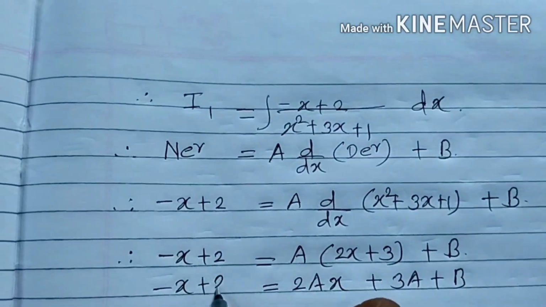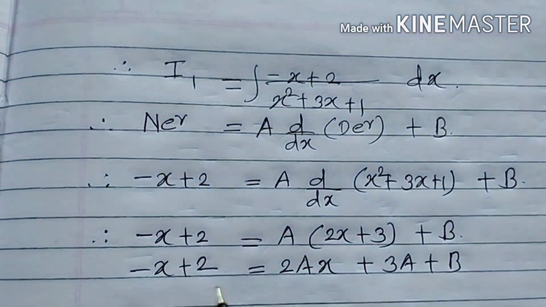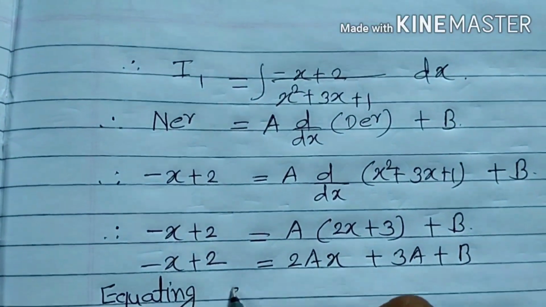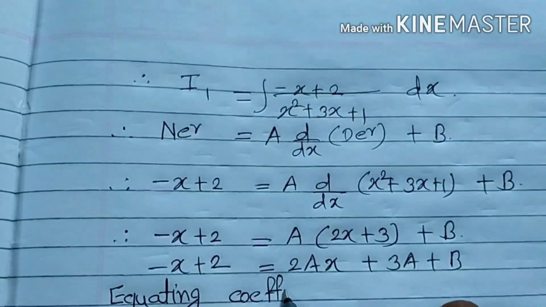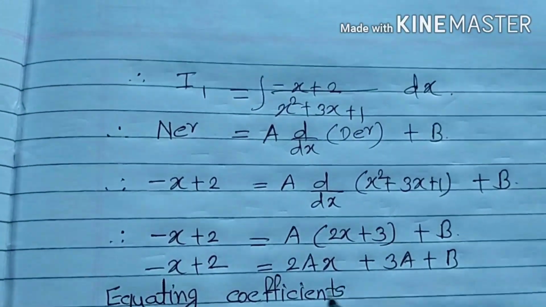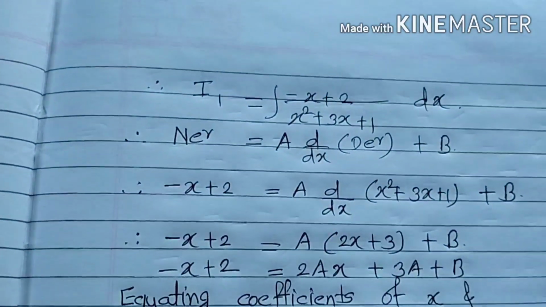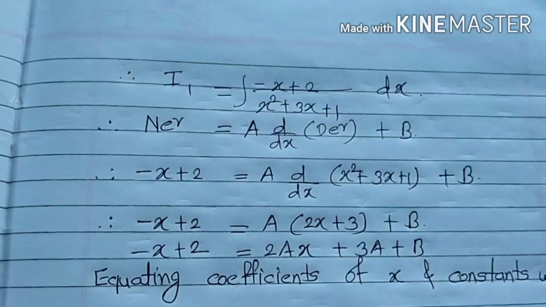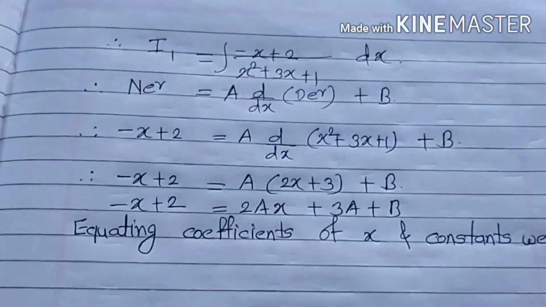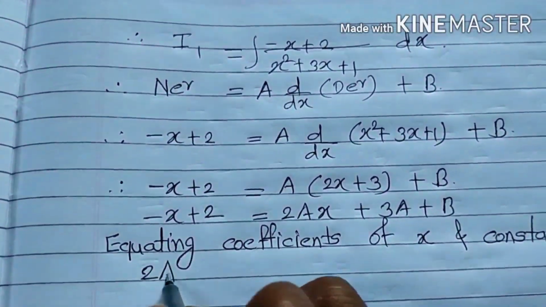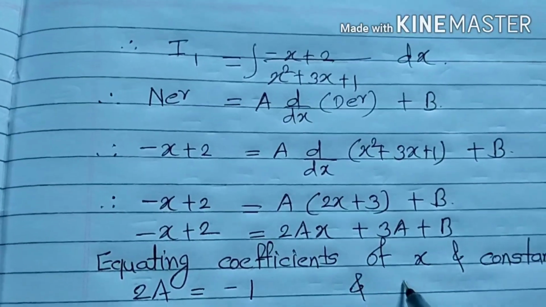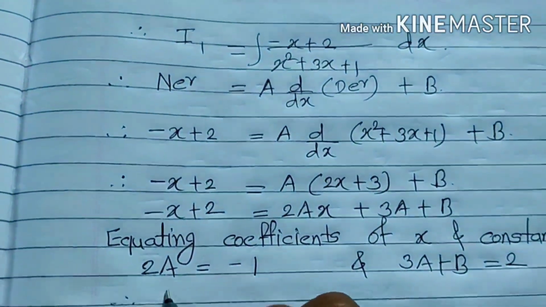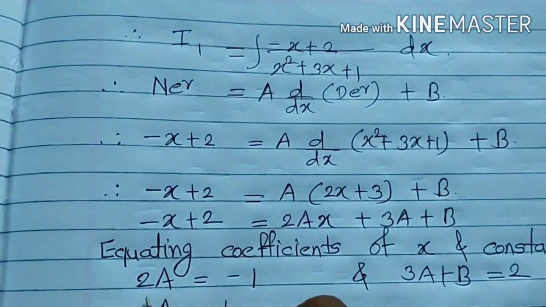Now equating the coefficients of x and the constant, we get 2a is equal to minus 1 and 3a plus b is equal to 2. So therefore a is equal to minus 1 by 2.